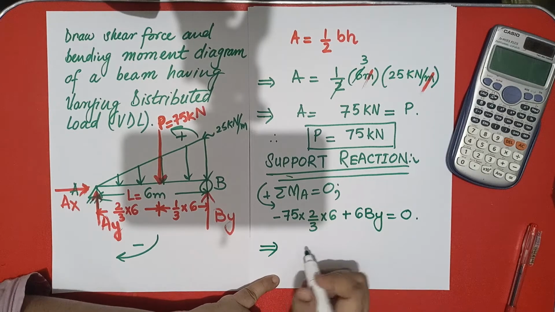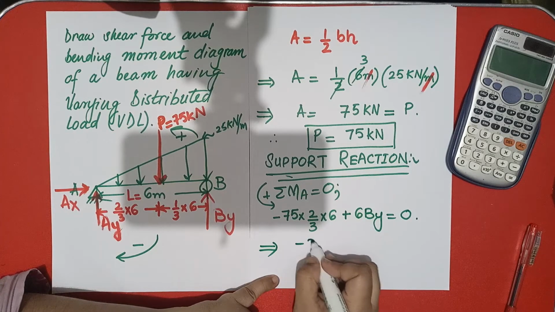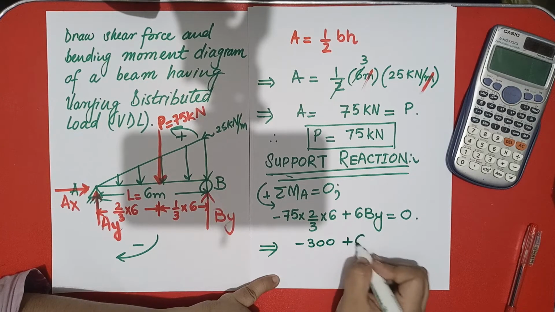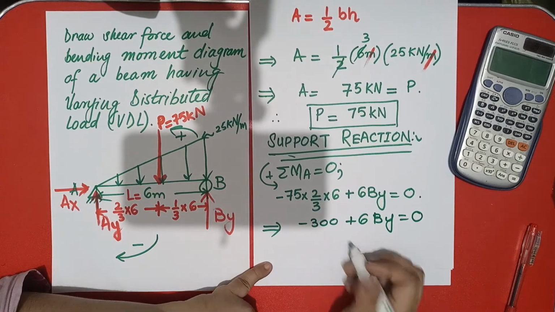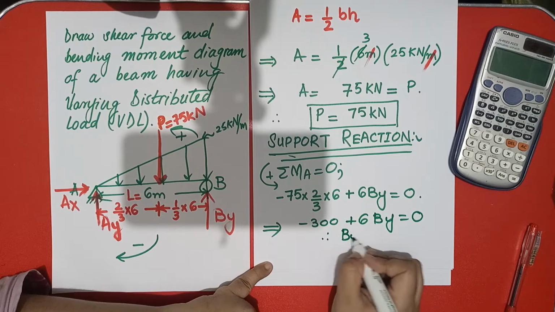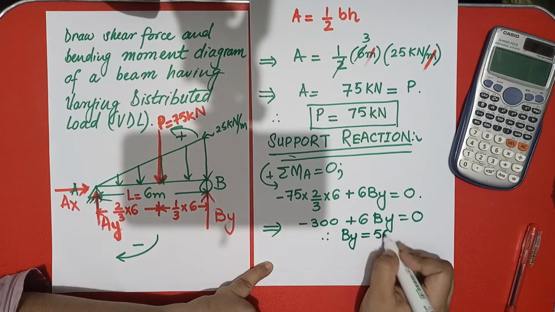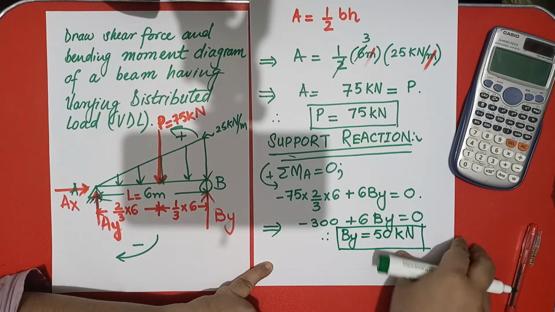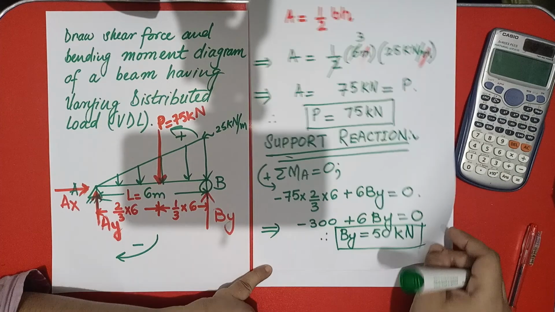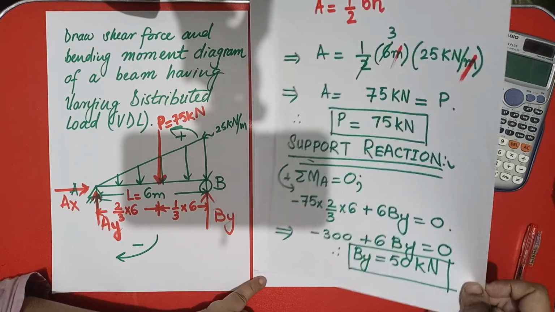So it will become minus 300 plus 6BY equals 0. So therefore BY comes out to be 50 kilonewton. This is all done, and we have successfully calculated the value of BY, the support reaction.